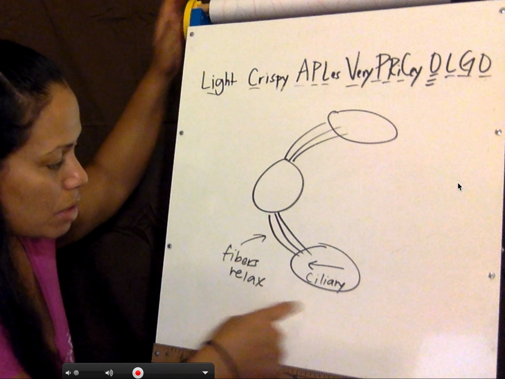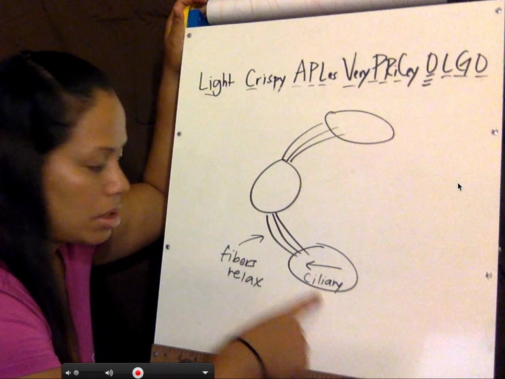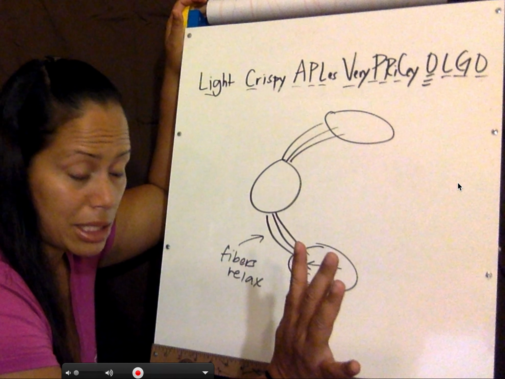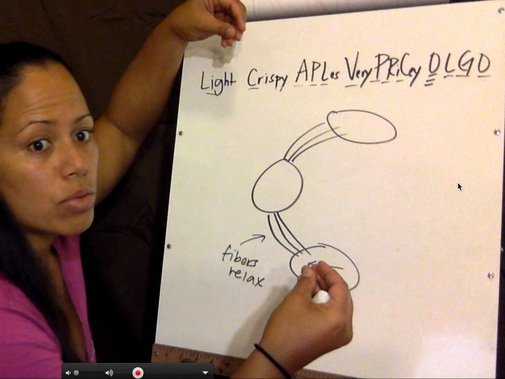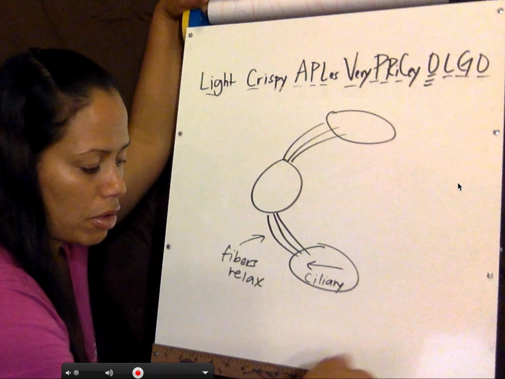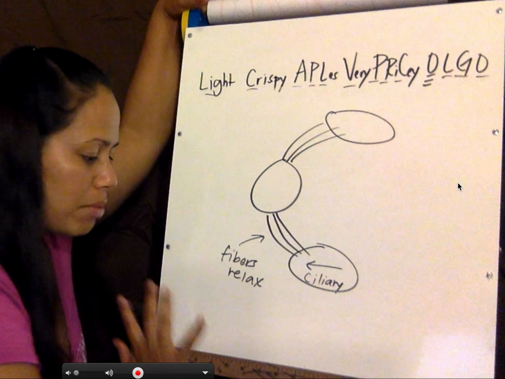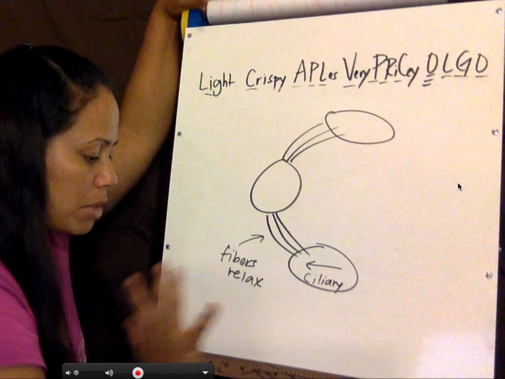So when I contract the ciliary muscle, it causes the fibers to relax. It causes the lens to bulge for nearsighted vision, so it allows you to see an object as it's getting closer to you. If I relax the ciliary muscles, then it causes the fibers to become tense. The more tense you are, the flatter your lens will become, so it allows you to see far. That is FYI. I'm not going to test on it, but there is something that I am going to test on.